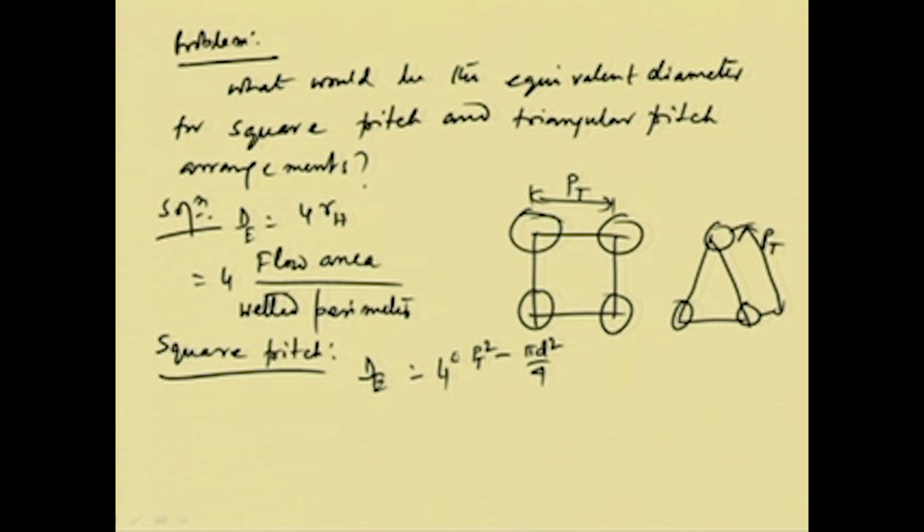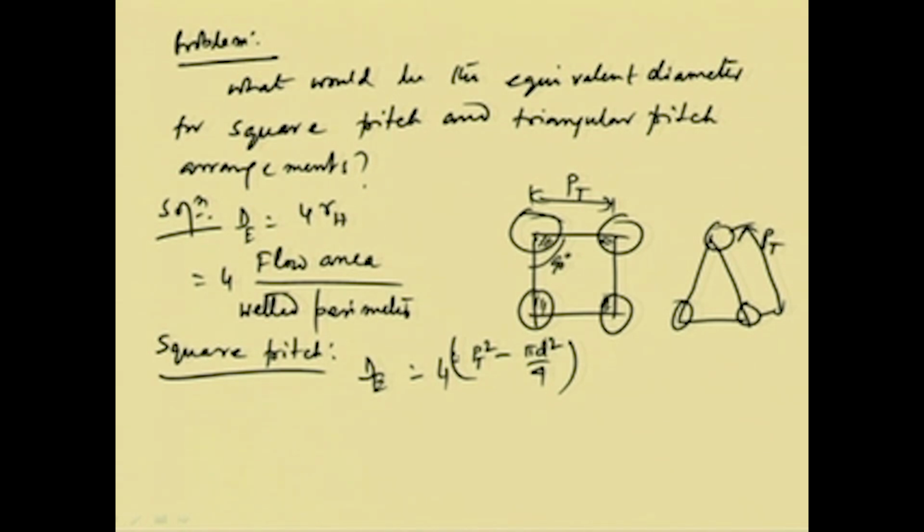So, if PT square is there, this is the area of the channel through which it can flow, but these portions are being covered up. These portions are nothing but 4 into one quadrant, because this is 90 degree, this is 90 degree. One quadrant of the total area of the tube, so 4 quadrants means it is the area of the tube. So, the cross sectional area of the tube is important.